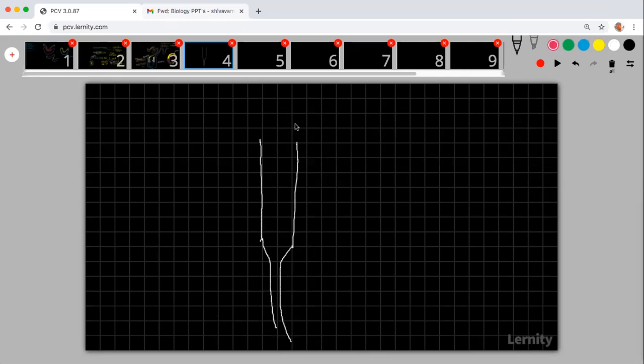This area will be lined with cuboidal cells, whereas here it will be flat epithelium, which is squamous epithelium. So it will be lined with squamous. Are you able to understand?